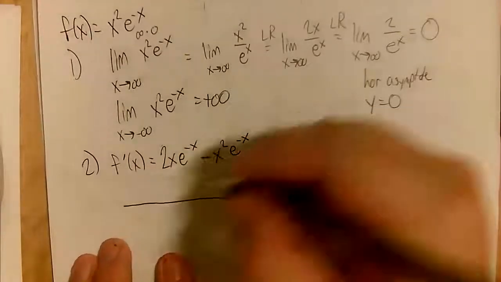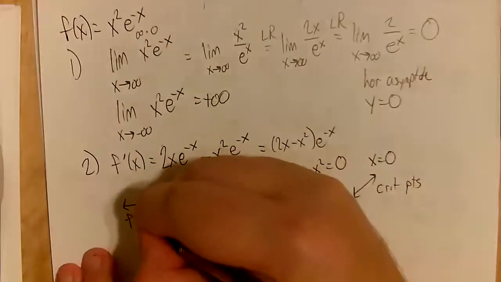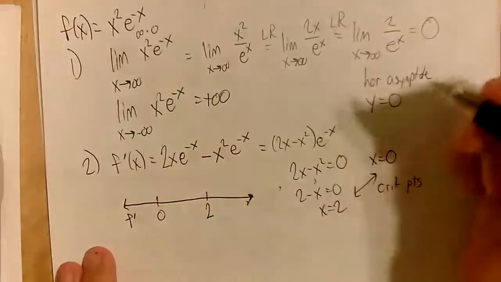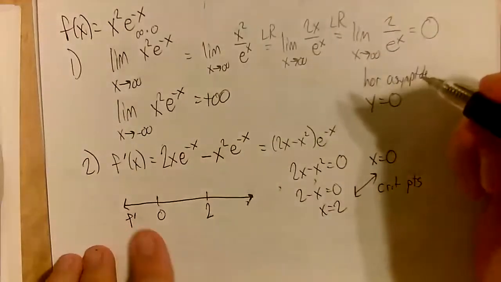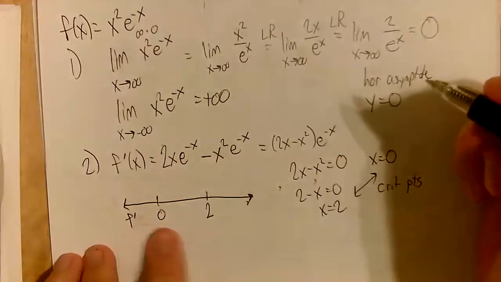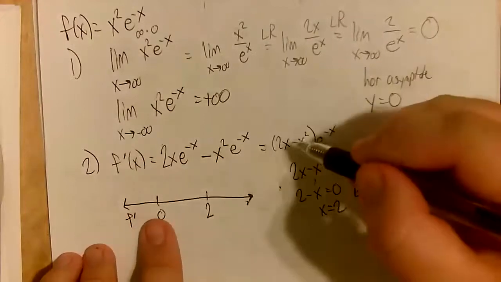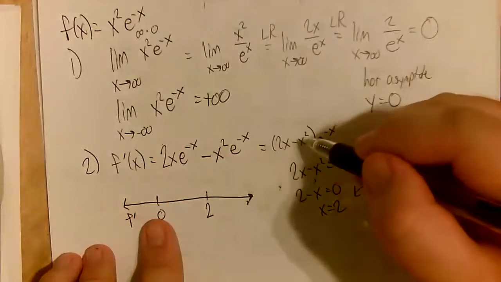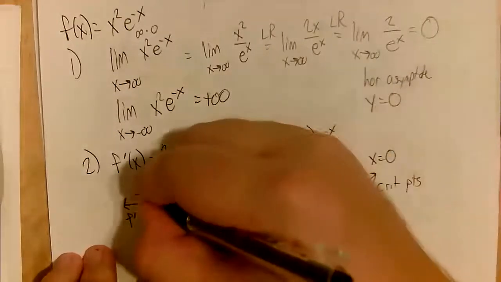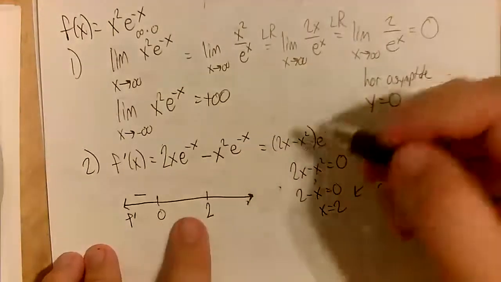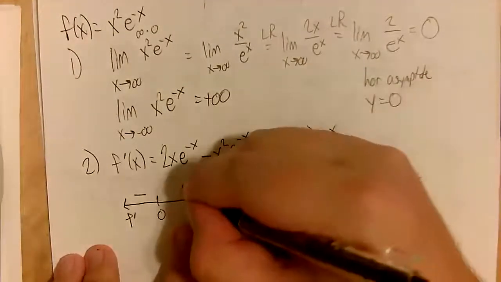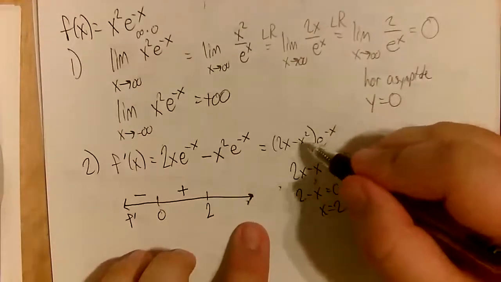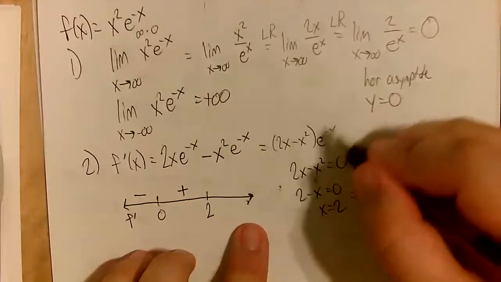All right, now that we found our critical points, let's make our number line. All right, let's plot before f prime, or sorry, before 0. If I plug in, say, -1 into here, I have -2 minus -1 squared, so that'll be negative. I'm going to plug in 1 into here and get something positive, and then I'm going to plug, say, 3 into here, and I'm going to get something negative. And notice that this is positive the whole time.